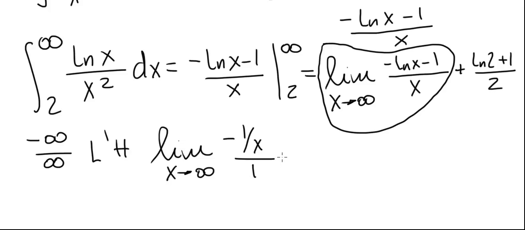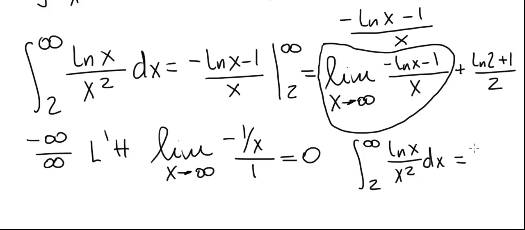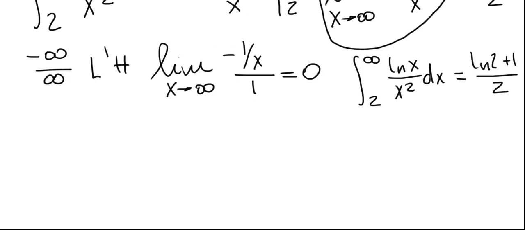And clearly this limit is going to 0. Therefore our integral from 2 to infinity of natural log of x divided by x squared converges to natural log of 2 plus 1 divided by 2. We just want to know if the integral converges or diverges.